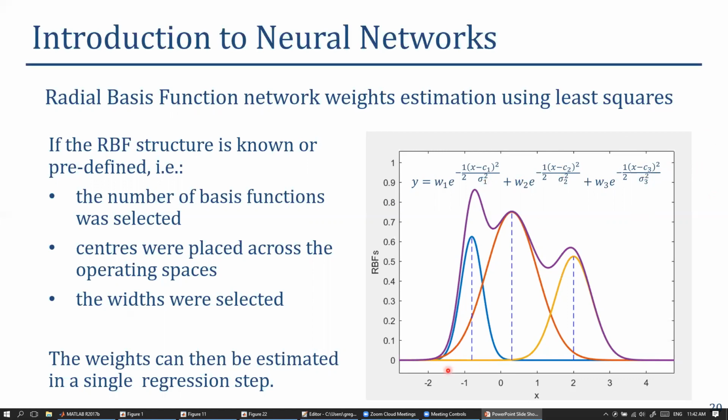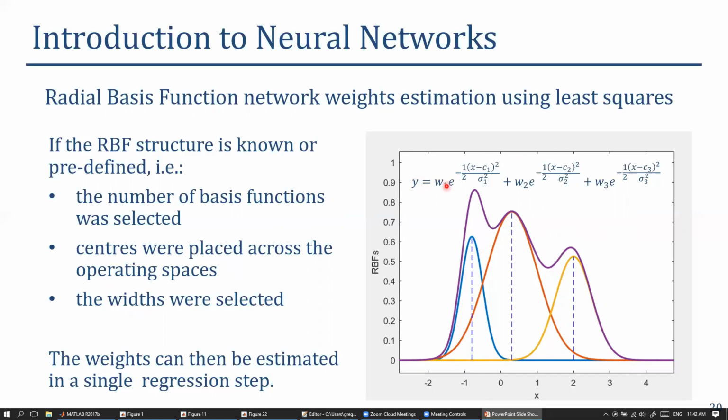We can place them across the operating region equidistantly. It doesn't matter how, we just place them and we don't optimize them. We don't touch them. So we place one here, one here, one here, one here. And then we can also decide that all the widths are a constant value and we don't optimize them. We just set them to something like 1, 7, whatever.